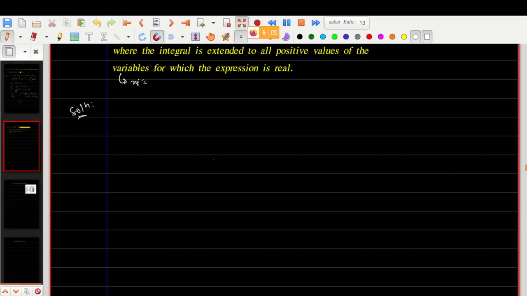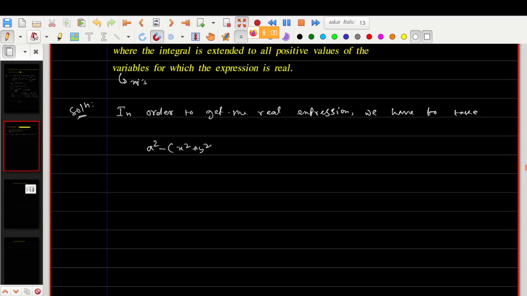in order to get the real expression, we have to take a square minus x1 square, x2 square plus dot xn square greater than or equal to 0.